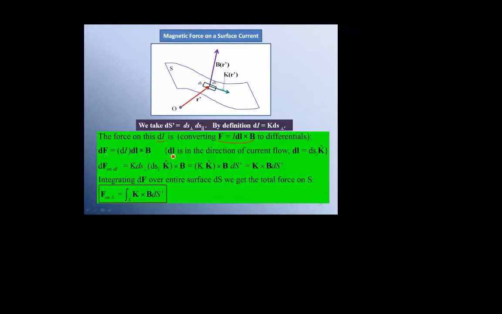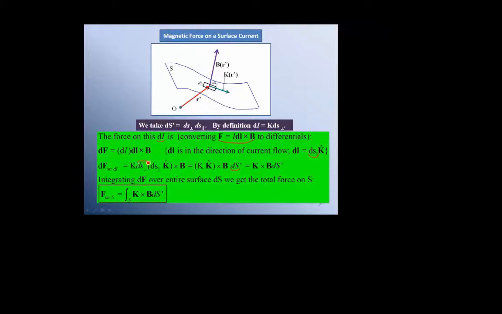Now dl is in the direction of current flow. So if we take a unit vector in the direction of the surface current density and multiply by ds parallel, we'll get our dl. Substituting those into here, we have K ds perpendicular times ds parallel K hat, and then this is crossed with B. So this is I dl cross B. We put in K hat, and that gives us K crossed into B times the area element dS, and that comes from this product right here.